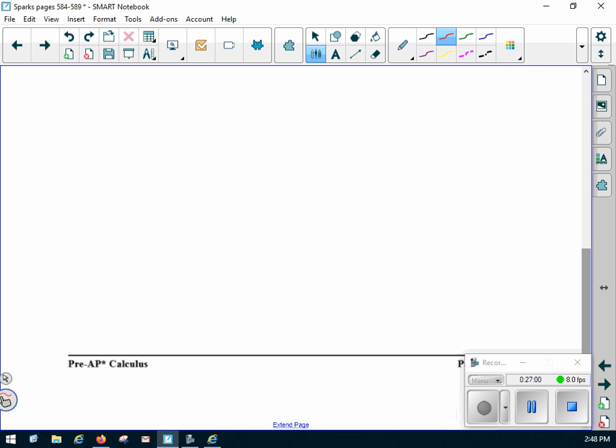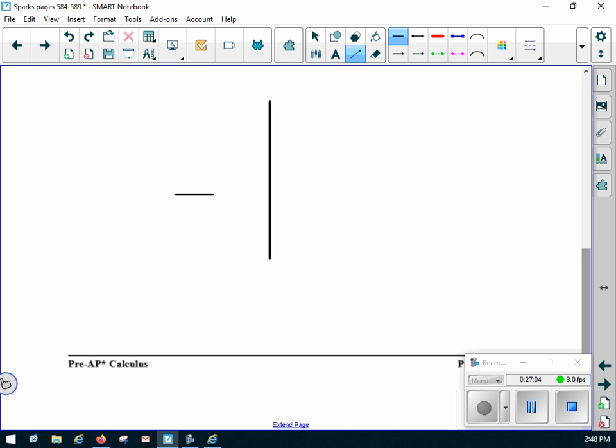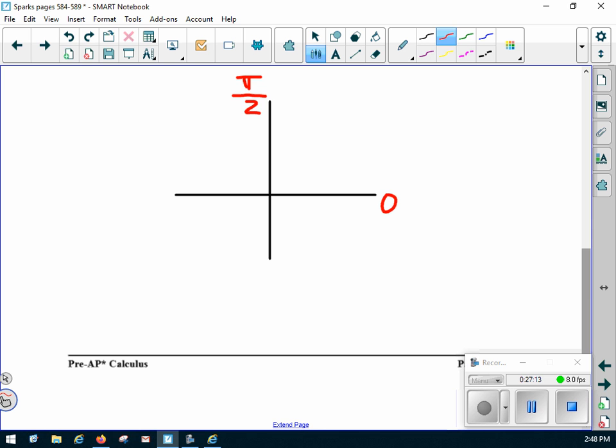Go down there. This doesn't have to be big. We're going to write some angles in radian measure, just without the pi. Go to your calculator, do pi divided by 2.